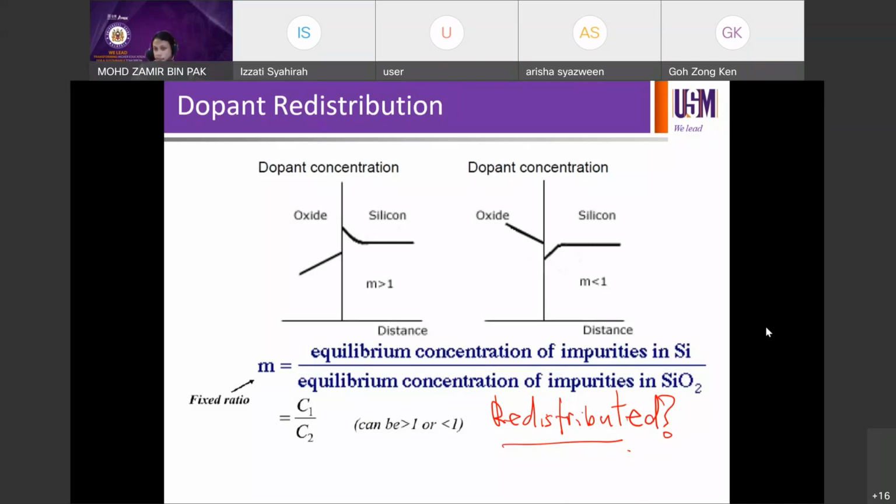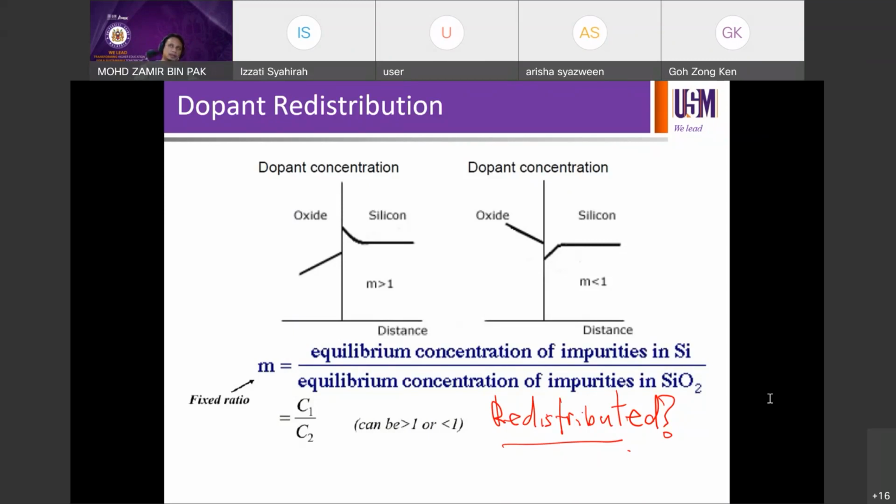Earlier, who gave that answer? Haziq, right? For equilibrium, it is the result of the redistribution. So it will eventually be redistributed until it reaches equilibrium. But before that redistribution happens, what is the main factor forcing the redistribution?